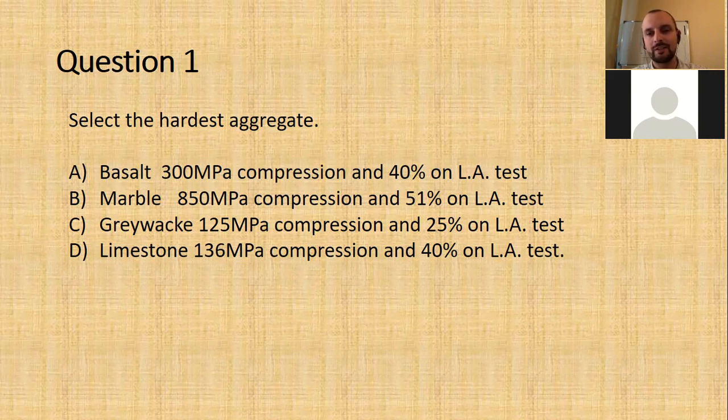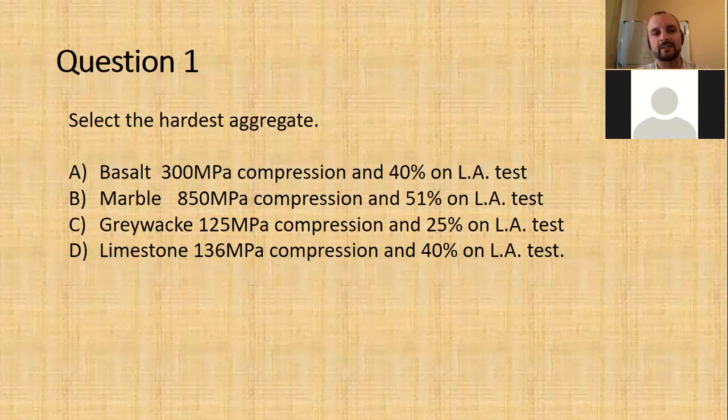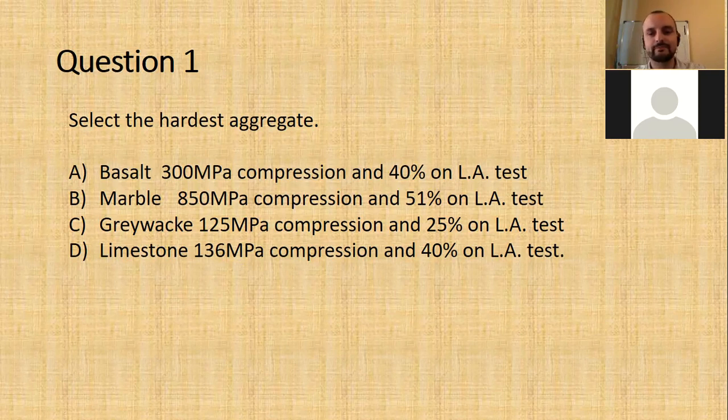After 2 minutes, I'll go to the next question, have a go at answering that, and when we've done all the questions, we'll go back and discuss the answers. Okay, question 1. You've got 2 minutes to think of the answer. Don't call it out, just keep it to yourself. Maybe put your hand up or give me a thumbs up when you've chosen your answer.